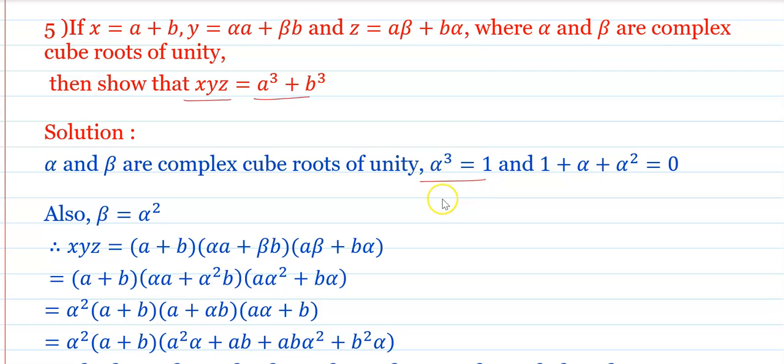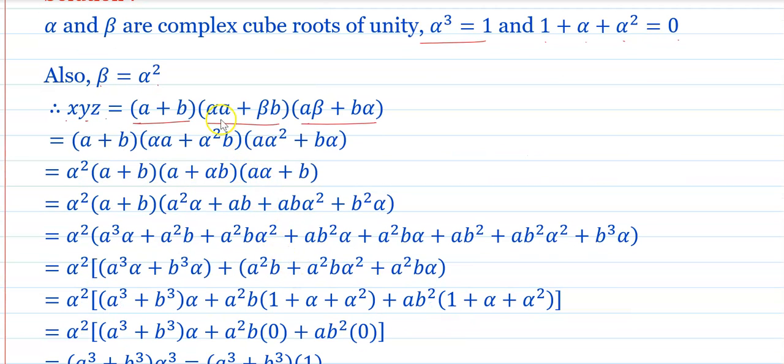Alpha cube is 1, and 1 plus alpha plus alpha square is equal to 0. Okay. Again, one more thing is that beta is equal to alpha square. Okay. Now first is x into y into z. The value of x is a plus b. The value of y is alpha a plus beta b. The value of z is a beta plus b alpha. Okay, these are the three terms.